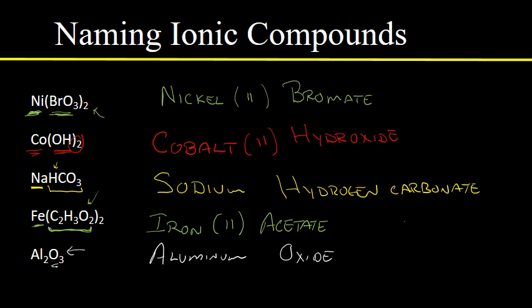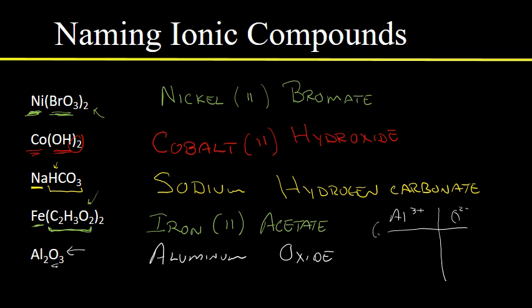All right, so we've got aluminum oxide, and we can check the table. We really don't need to in this case because aluminum is one of those special metals that always has the same charge. Aluminum is always 3+, and oxide is 2-.